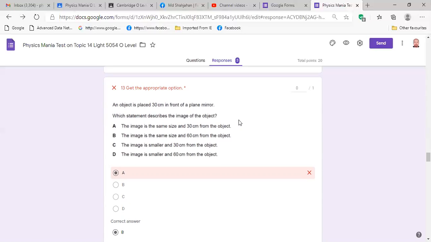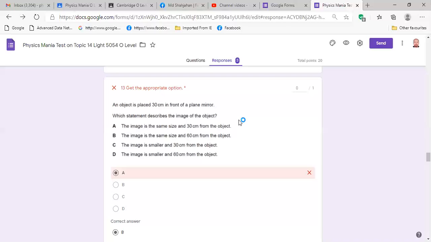But they are asking the distance. Which statement describes the image? The image distance is 30 centimeter from the mirror, but the image distance is 60 centimeter from the object.